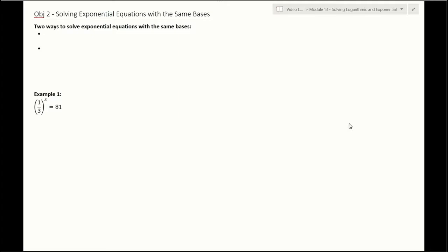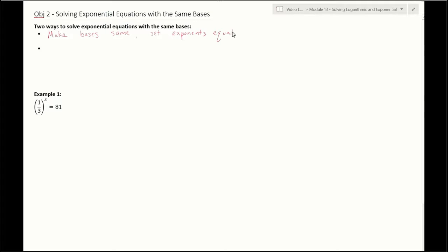So there are two ways to solve these. One of these is going to be a little bit more useful than the other, and one of them is going to be just faster if it works. So our first way will be to make the bases the same and then set the exponents equal.